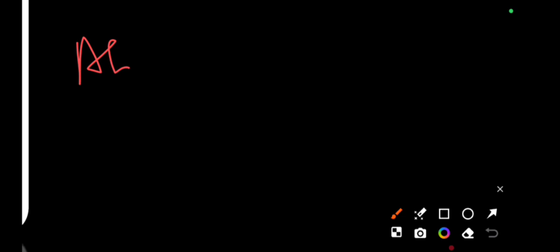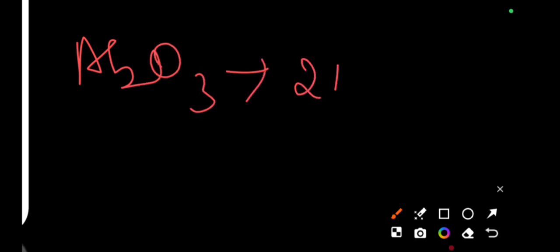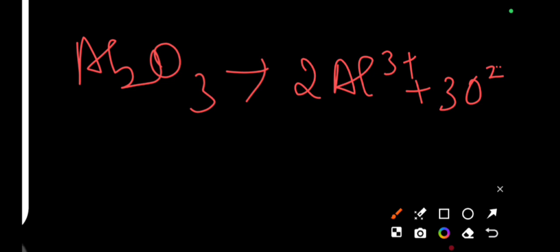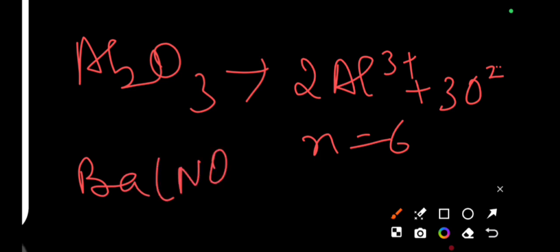Suppose you have taken Al2O3, then how many ions will be formed? 2 ions of aluminium and 3 ions of oxygen. Then you can keep the n value as total 6. Clear? Suppose it is barium nitrate, then the n value will be total 3.